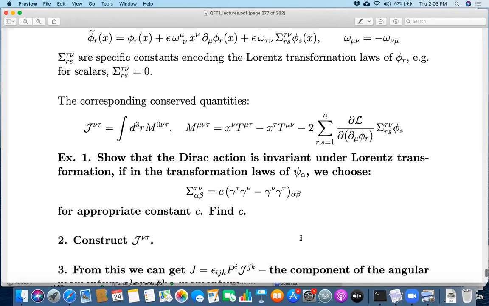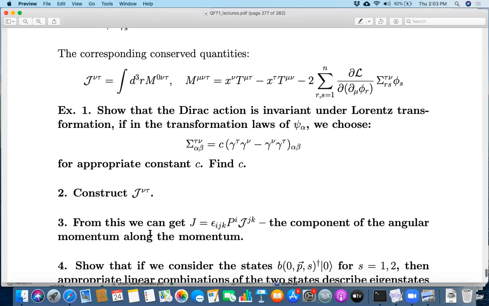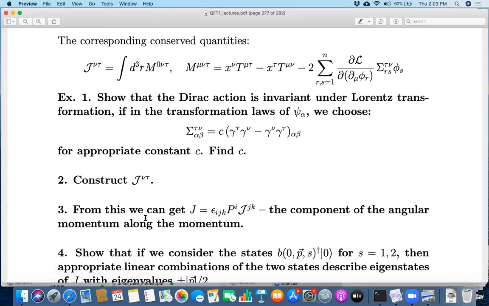Once you have found sigma, then you can just use this formula. We know what the action, or the Lagrangian, is. So you can calculate J mu nu. Then using this J mu nu, we can construct this operator.